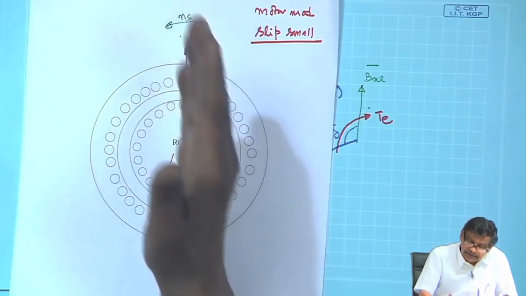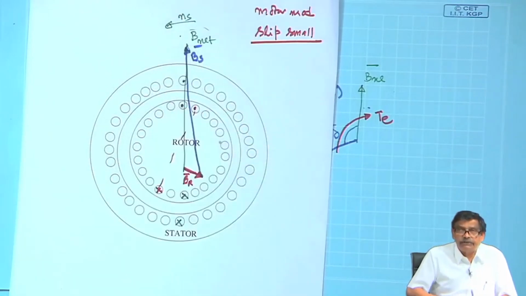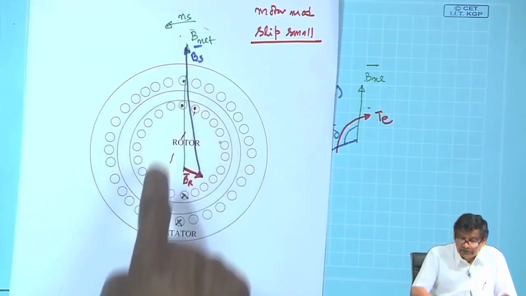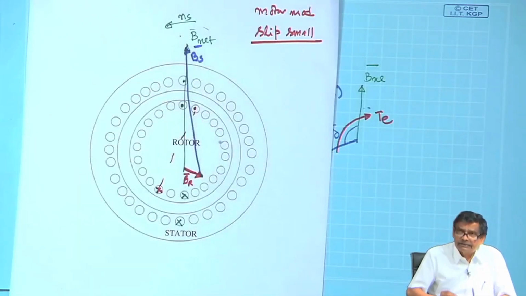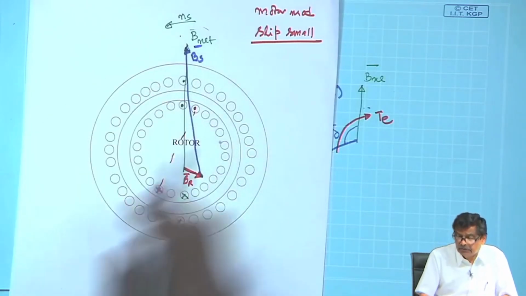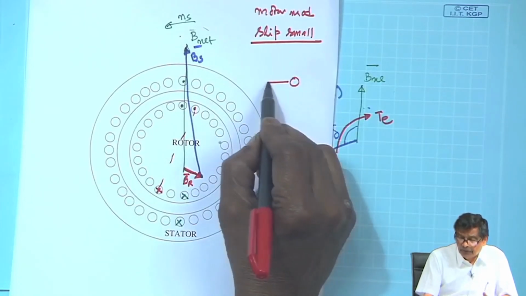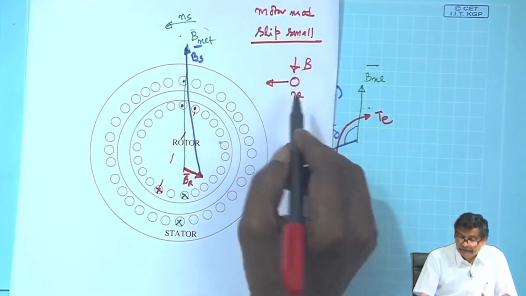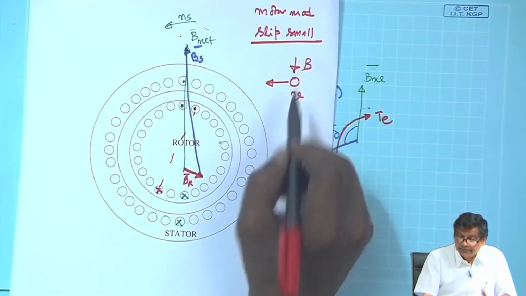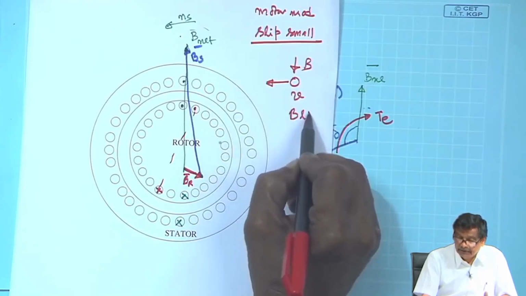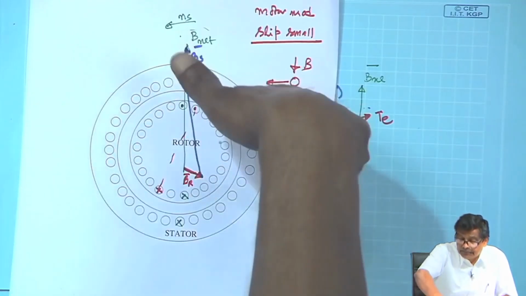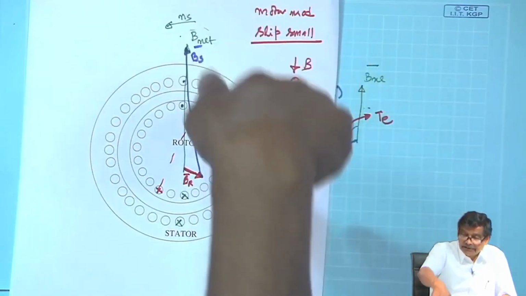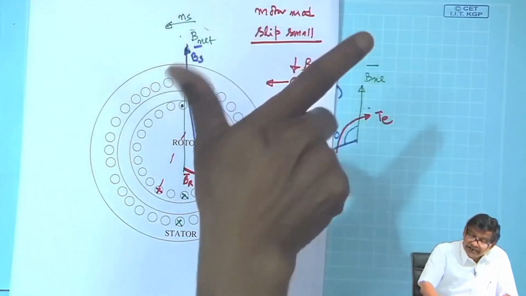And this B net will also decide what will be the induced voltage in the rotor. Polarity of the induced voltage when B is moving is slightly tricky, because we know this formula, when a conductor moves and there is a magnetic field, conductor is moving relative to the field, voltage is BLV, then only you are allowed to apply the right hand rule, like this. B is the field, V is thumb.